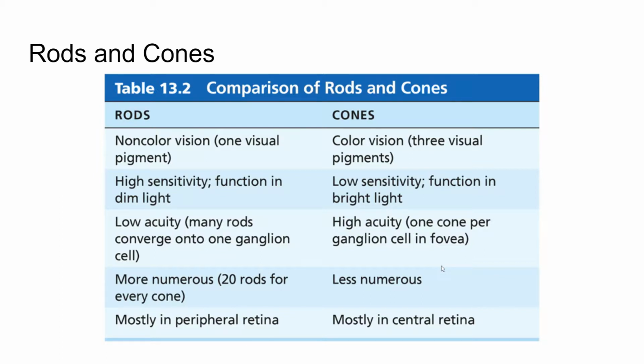They tend to only see things in gray tones because they only have a certain pigment, whereas cones have a low sensitivity, which seems backwards. So they need bright light in order to be activated, but they can see color really well.